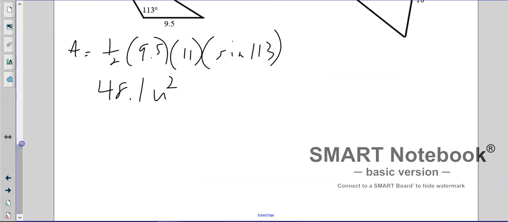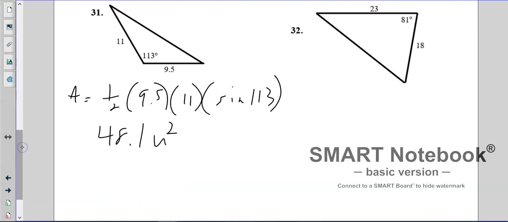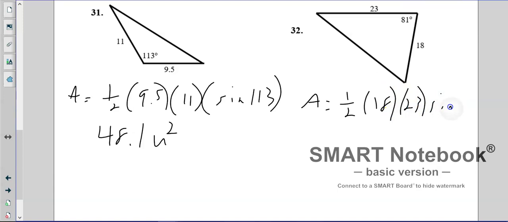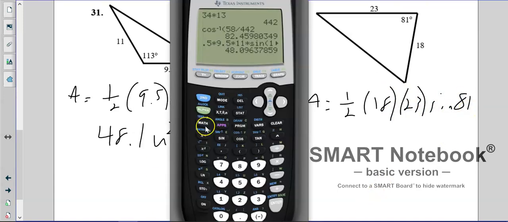And last but not least, area equals 1/2. You just take the two sides, 18 times 23 times the sine of the angle. And we're just going to type it in. So 0.5 times 18 times 23 times sine of 81.